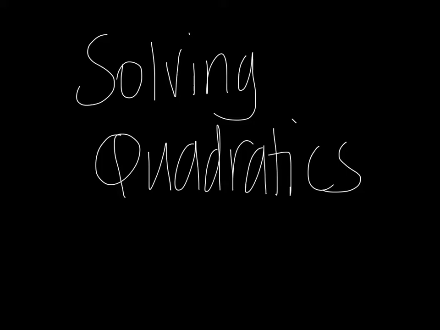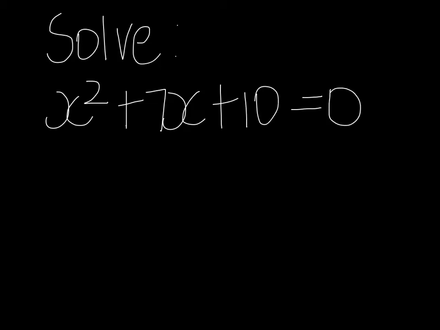So we'd have an equation that might look like something like this, and we'll be asked to solve it this time. We've got x squared plus 7x plus 10 equals 0.